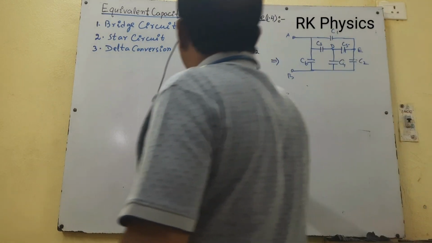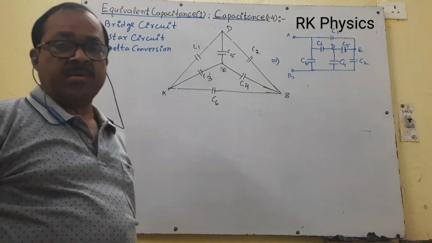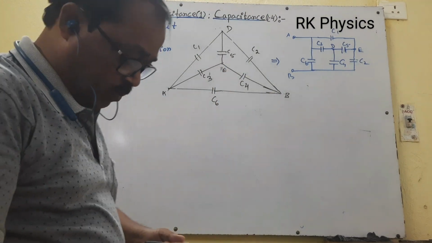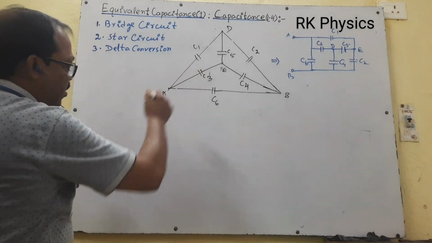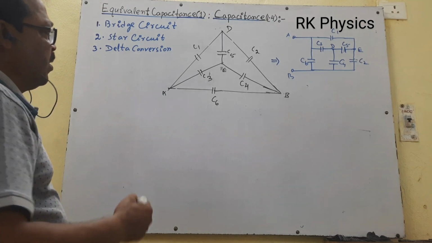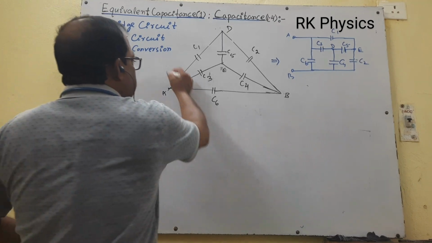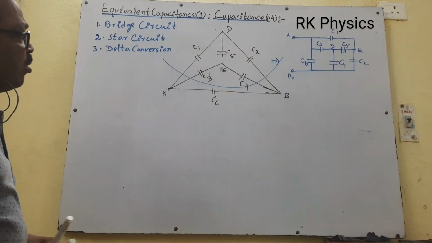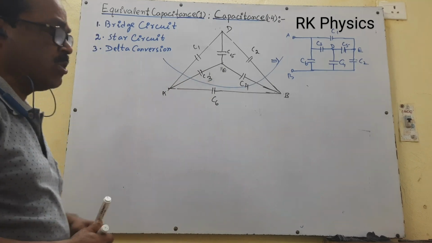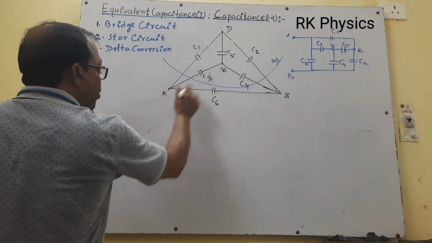Now the second is the star circuit. These two circuits are exactly the same. Observe this circuit: there is an extra capacitor between A and B, and if you take this portion of the star, this is a Wheatstone bridge. You can draw the equivalent diagram.